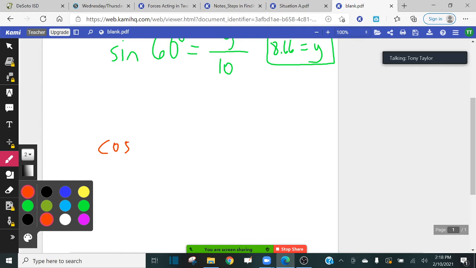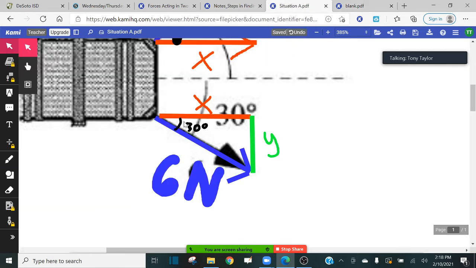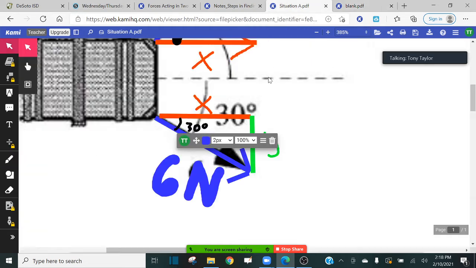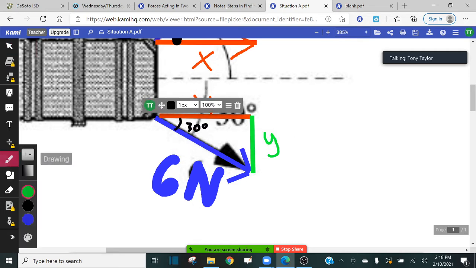For our second vector, we're going to use cosine to solve for x, because cosine of 30 degrees is equal to adjacent over hypotenuse. So cosine of 30 degrees is equal to my adjacent side, which is x, over my hypotenuse, which is 6. Now that I set up the equation for x, I want to solve for y.